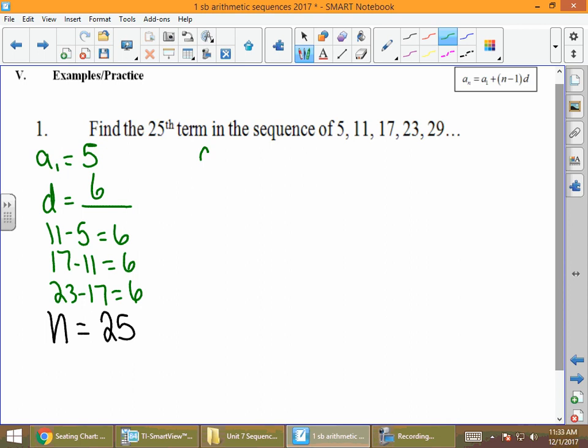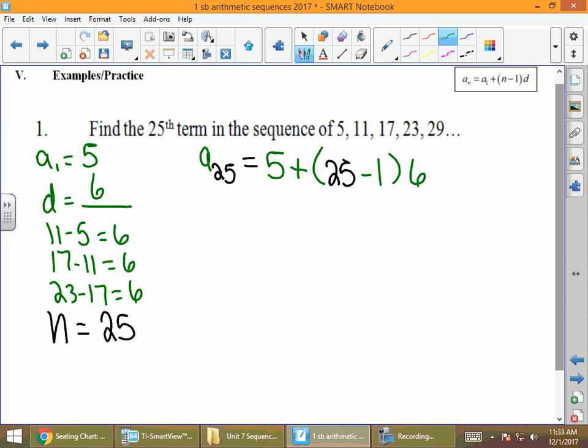What we're looking for is a sub 25. That's the 25th term. And what we know, we know 5, that's our first value. And then we know that n is 25 minus 1. Filling it back into our formula that's in number 2 up above your paper, times the common difference of 6.